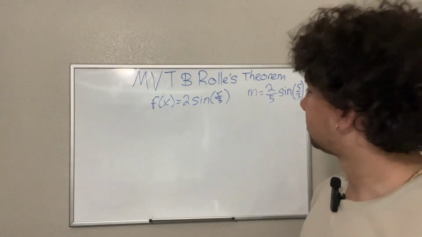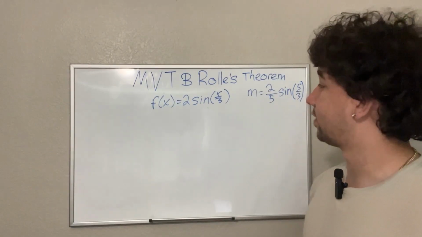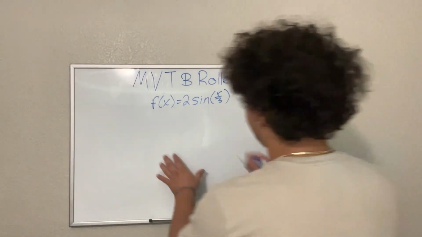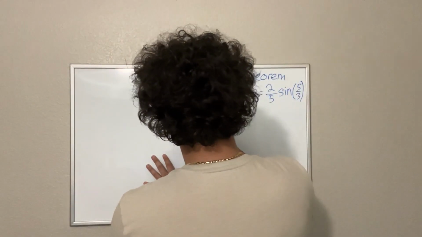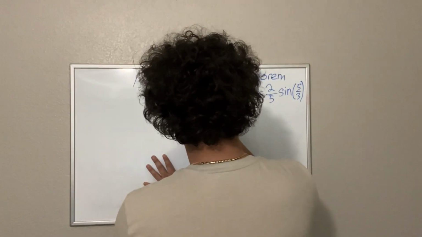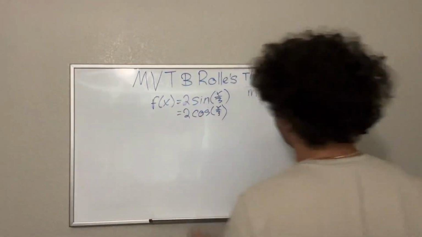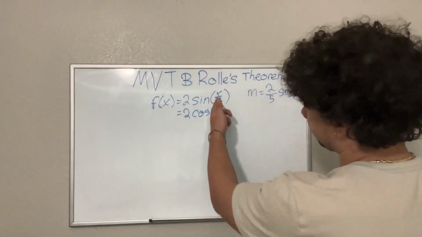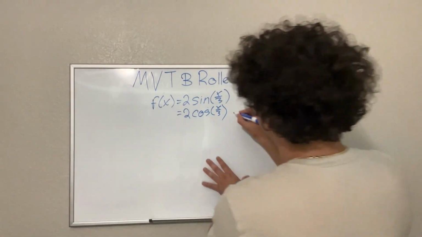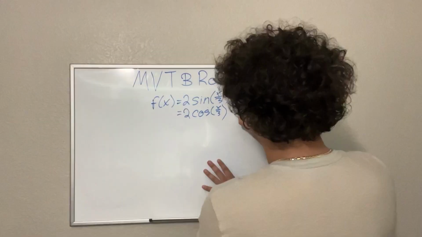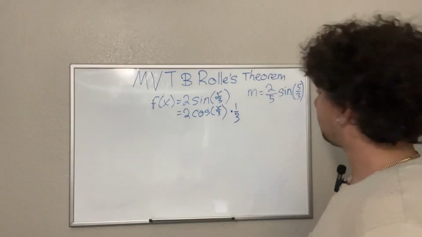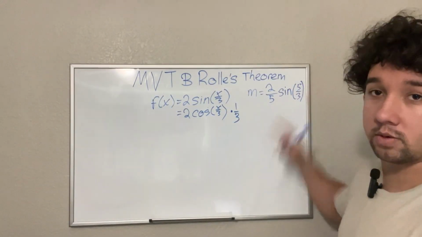All right, so now what we have to do is take the derivative of this thing. Well, the derivative of sine is cosine. 2 cosine of x over 3. And then this is chain rule. This is the same thing as x times 1/3, so in other words, times 1/3. So now I'm going to have to set this equal to this.